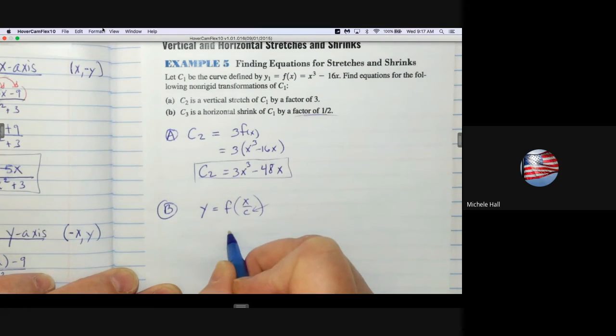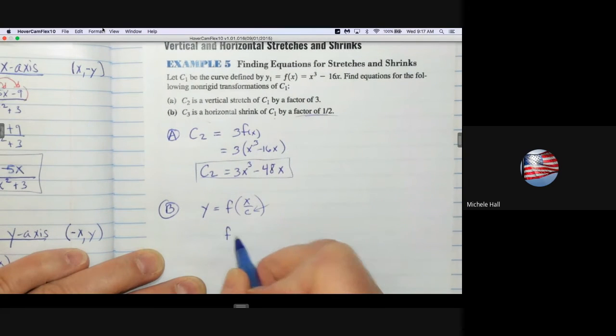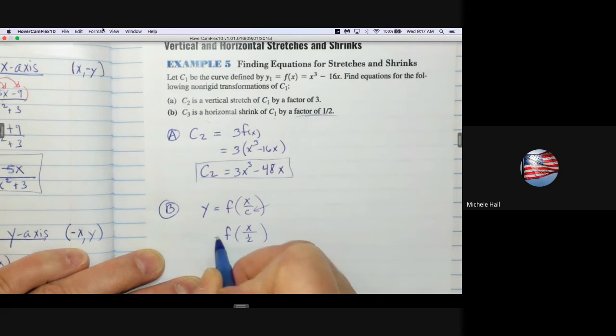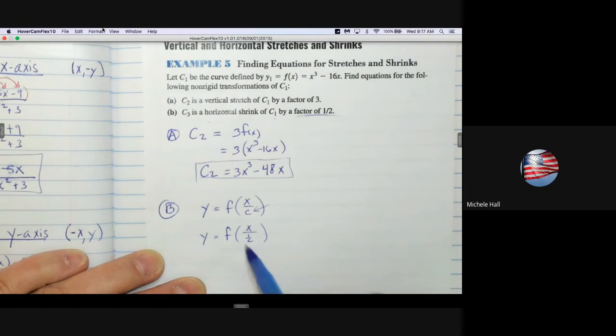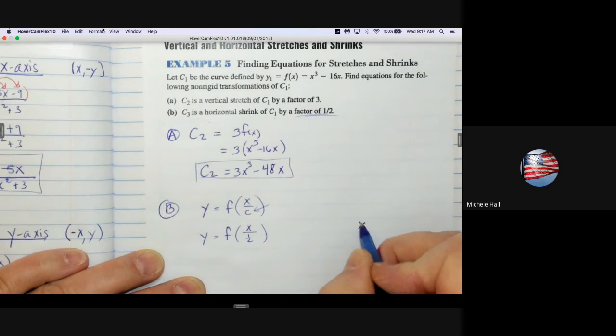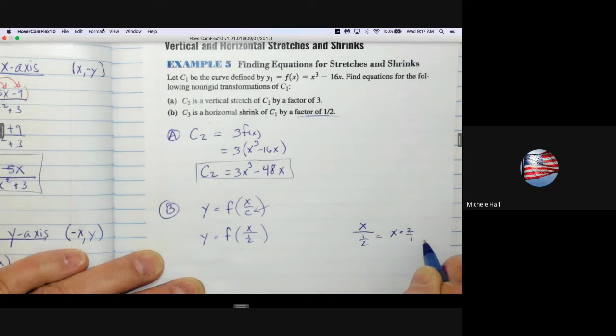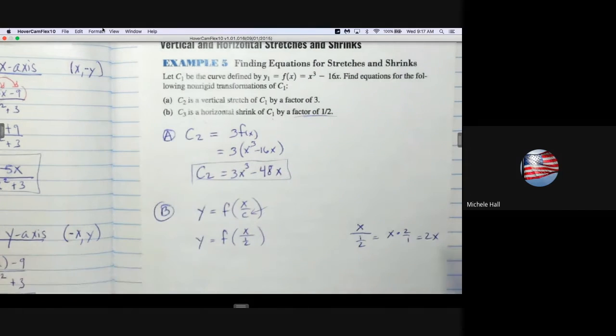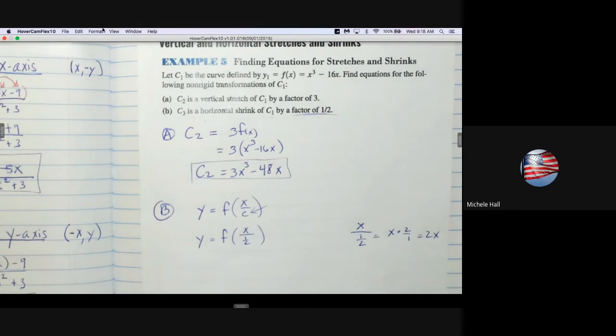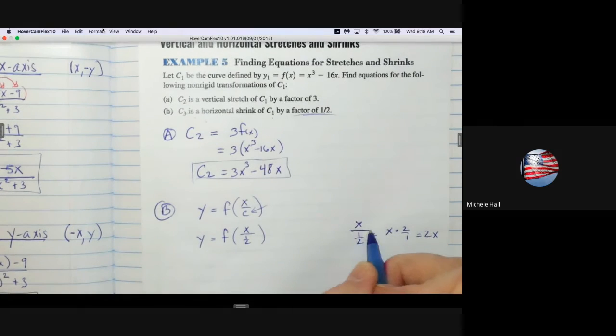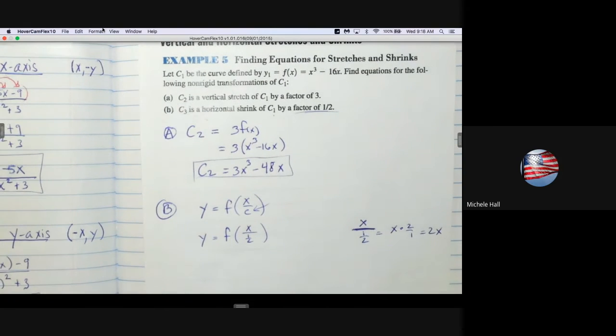So I get f of x divided by a half. With fractions, we know that if I have x divided by a half, that means to flip and multiply. So that's x times 2 over 1, which is just 2x. You need to flip the second fraction and multiply. That's how you divide fractions, flip and multiply.